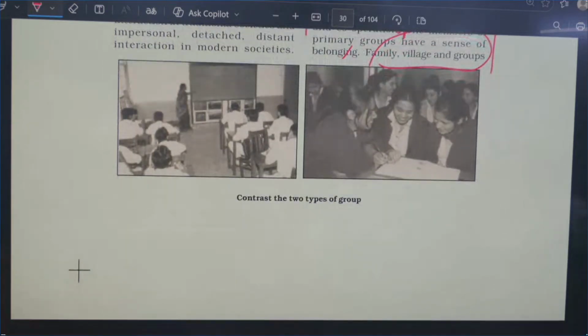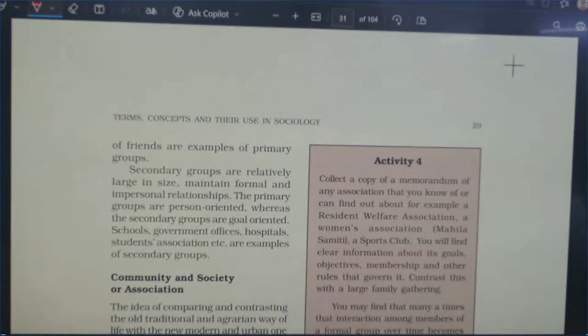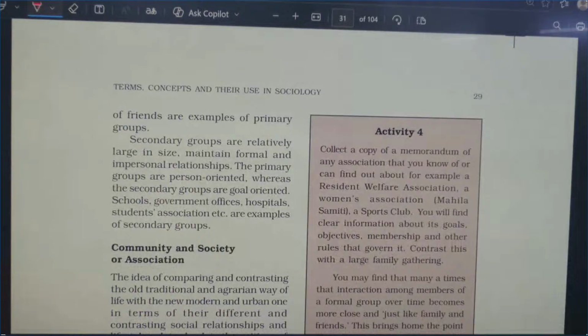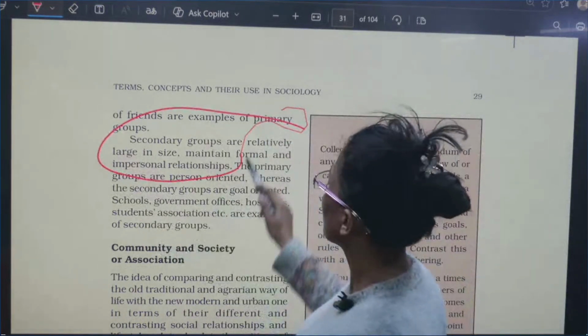Okay, written. Now write down: secondary groups are relatively large in size and maintain formal and impersonal relationships. They are goal oriented.